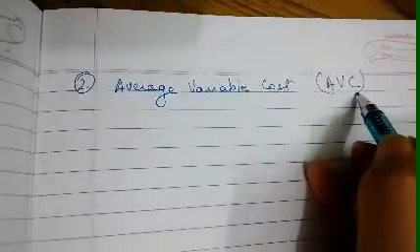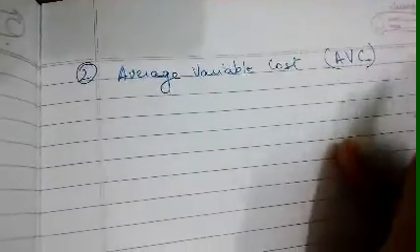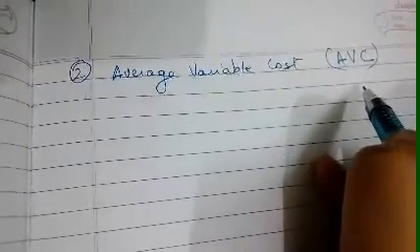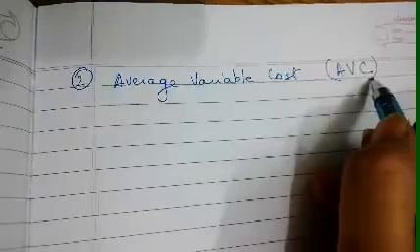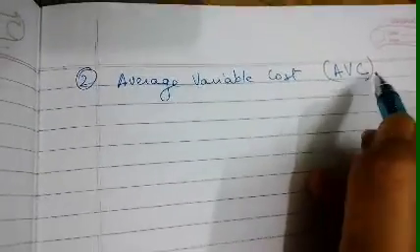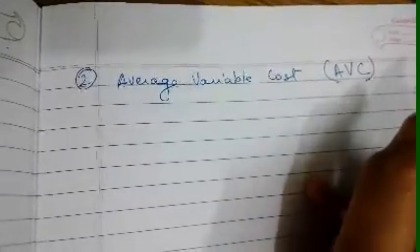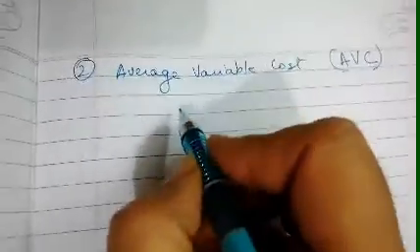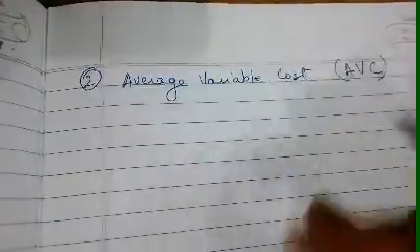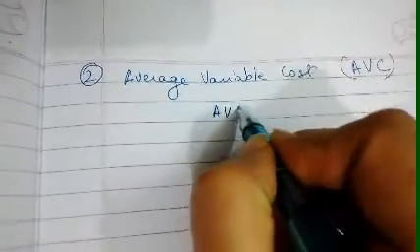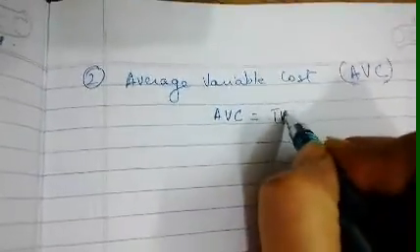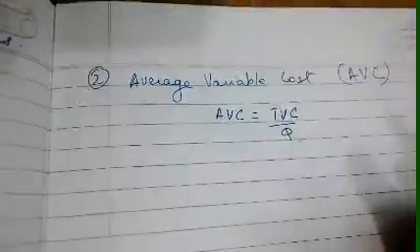First of all, we have already discussed variable cost, that means the factors which are variable and the cost incurred or expenditure done on those variable factors. It is called average variable cost. So average variable means that keeps on changing. So average variable cost could be calculated as total variable cost divided by quantity.